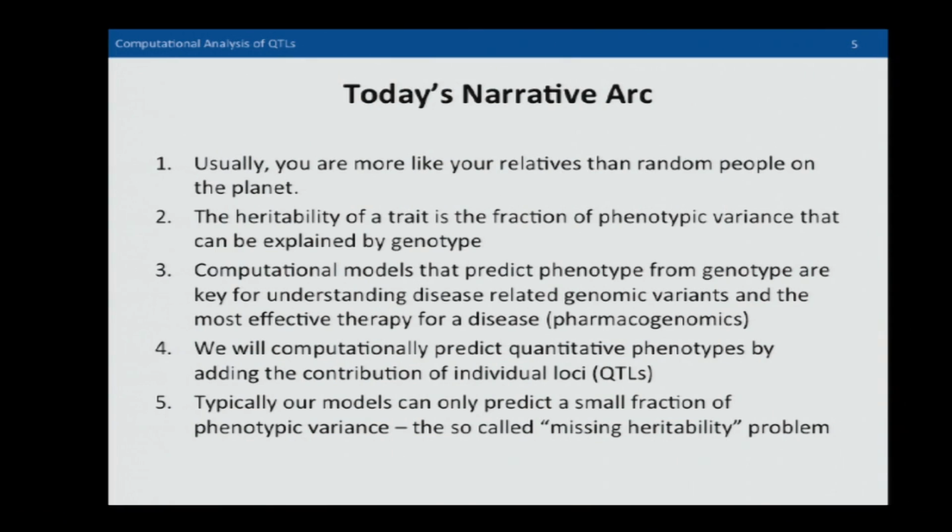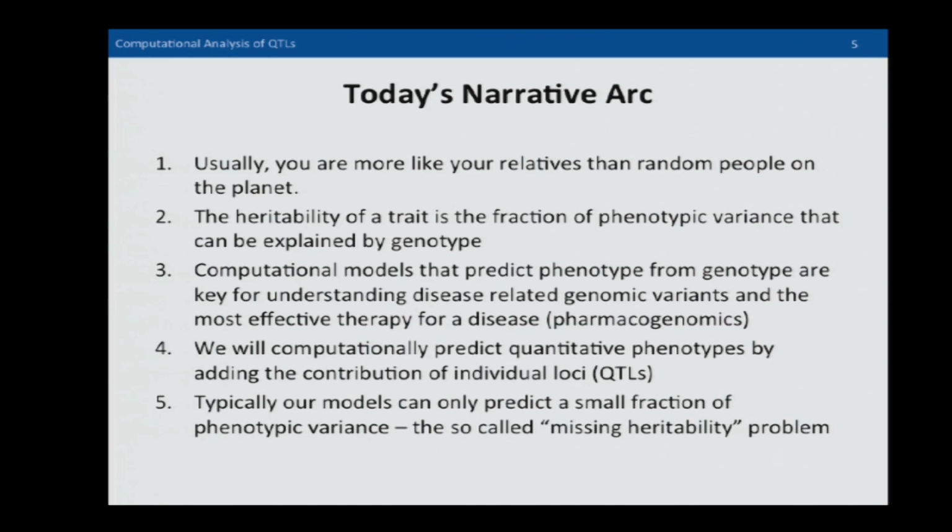Well, obviously you contain components of your mom and dad's genomes, and they are providing you with components of your traits. And the heritability of a trait is defined by the fraction of phenotypic variance that can be explained by genetics.